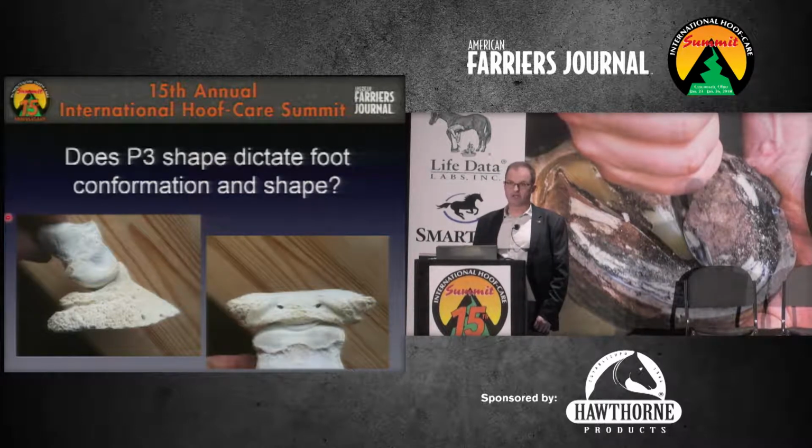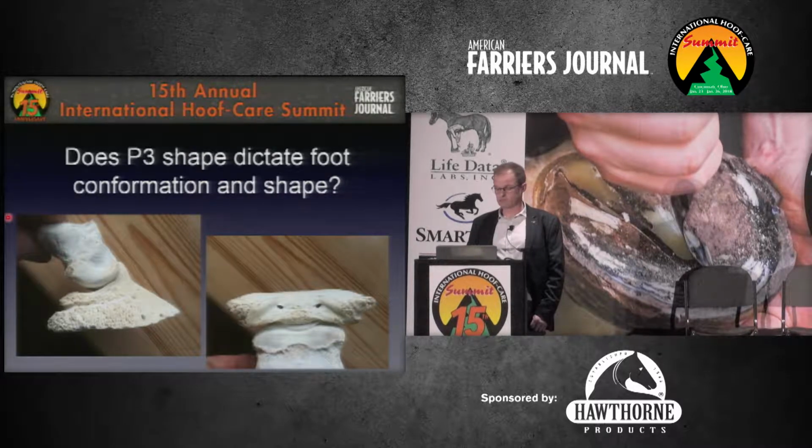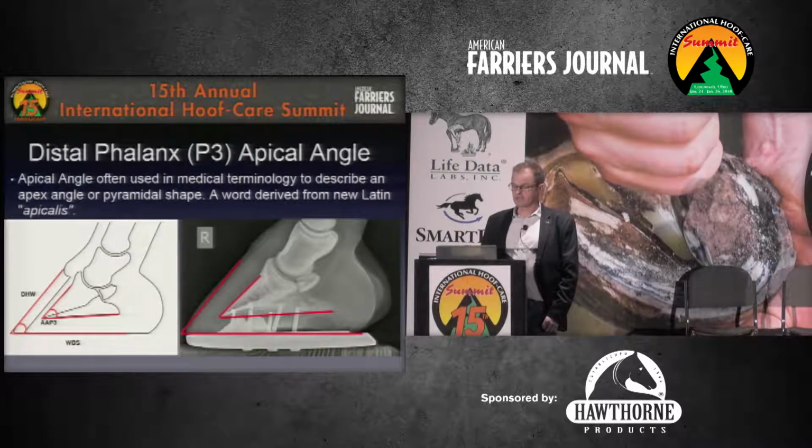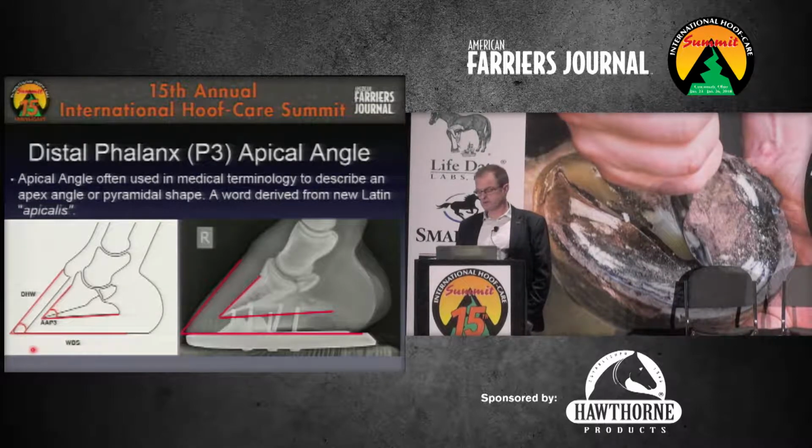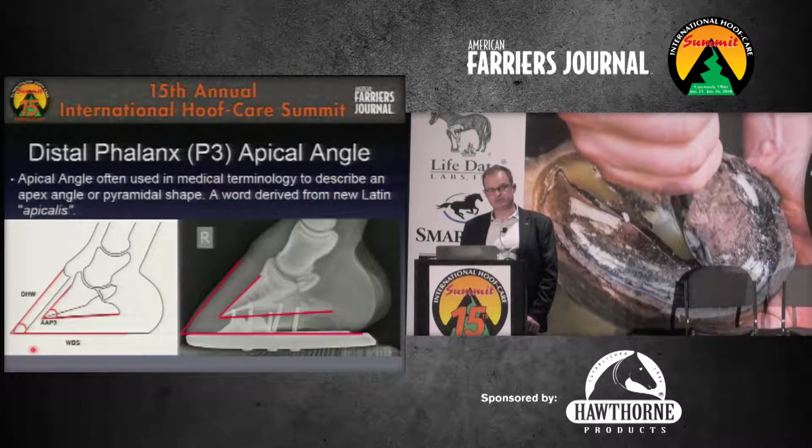So the apical angle, we discussed it yesterday. The apex angle, as you can see from that pedal bone, is going to be a flat foot. There's no getting around that fact. Just to recap for those of you who weren't here yesterday, I hypothesized that the apex angle of P3 would reflect the dorsal wall to weight bearing surface in the trimmed foot.